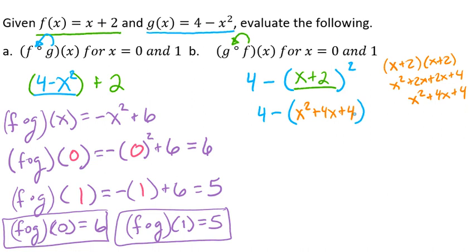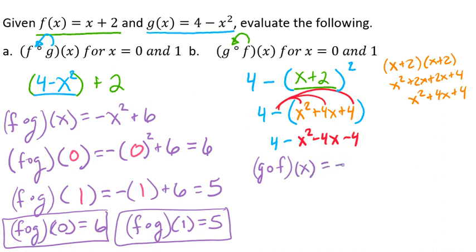And then we will need to distribute that negative sign. And that's going to give us 4 minus x squared minus 4x minus 4. And when we simplify that, that's going to give us our g of f of x is equal to negative x squared minus 4x.